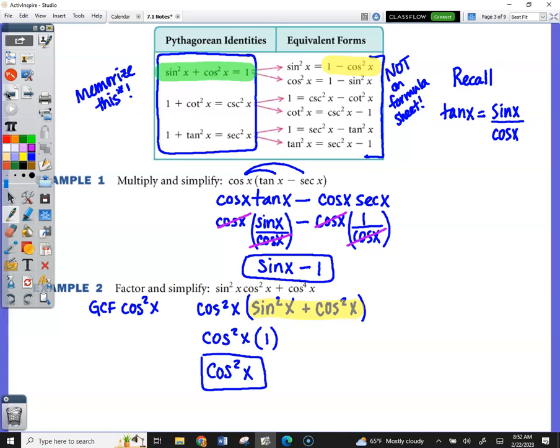Yesterday someone was doing the homework and texted me and asked, can I write sine squared minus cosine squared as -1? Because your mind would think, oh, if it's plus, it's 1, but if it's this, it can be -1. And the answer is no. It has to be positive sine squared, positive cosine squared is 1.